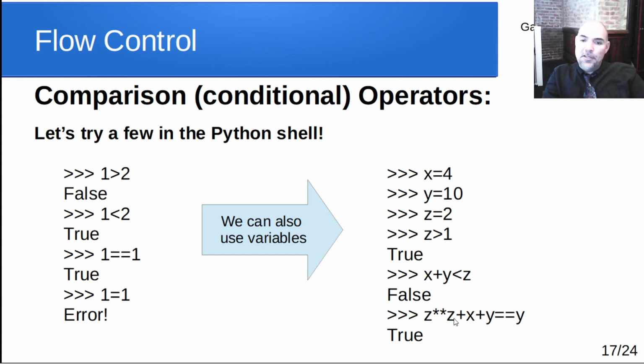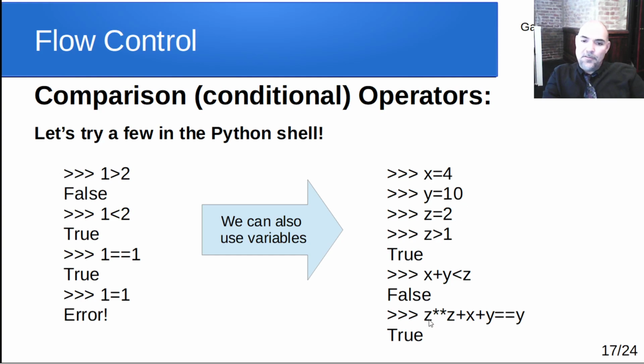And this one here, notice you can do fairly complicated expressions on each side. z raised to the z power. That z had 2, remember? So is 2 squared plus 4 plus 10 equal to 10?